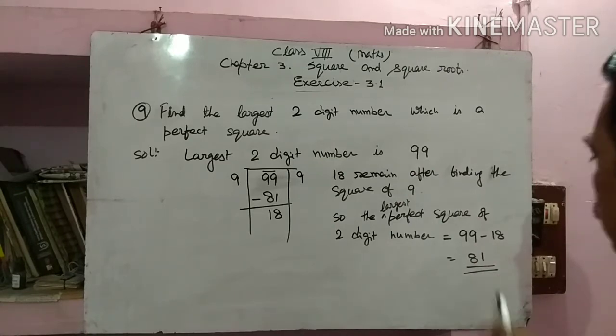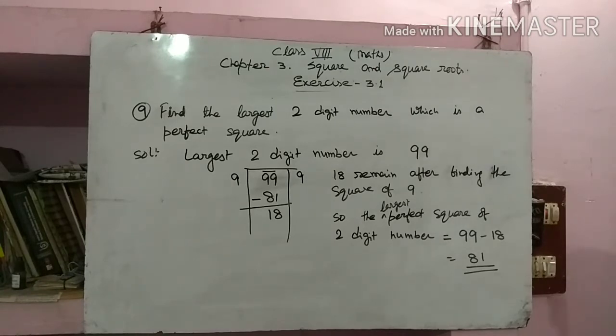Okay, so this is the largest two-digit number which is a perfect square. So write this one also.